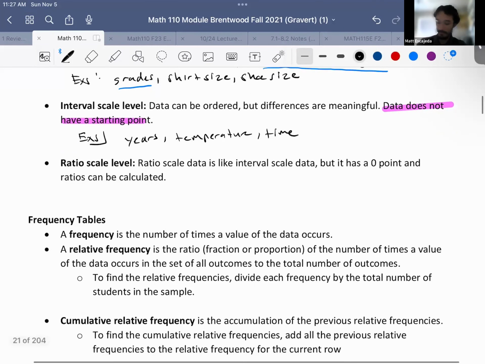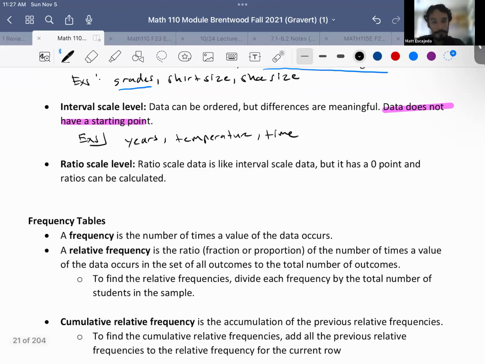Okay, so the last one is the ratio scale level. Ratio scale data is like interval scale data, but it has a starting point. So that 0 point means starting point. And ratios can be calculated.